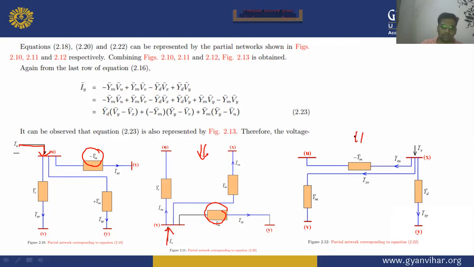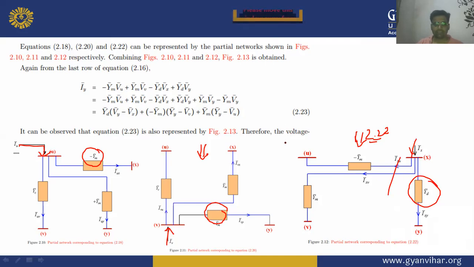Similarly, equation number 2.22 will give me this figure. When the current is injected from Ix, it will be equal to Ixu, Ixy and Ixv, with the associated admittances. Is this clear to you?